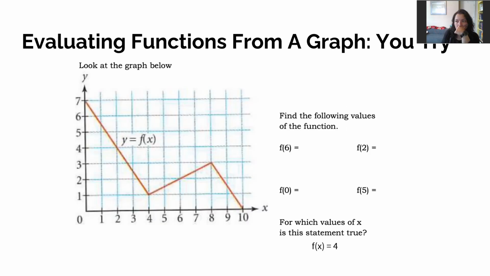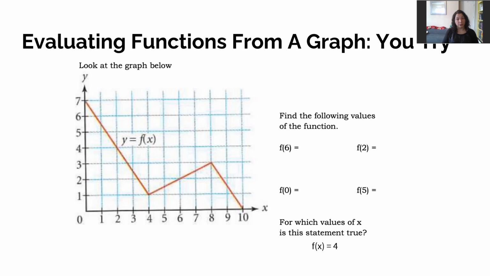All right, so last bit. Here is a graph, and I want you to find the following function notation. Sorry, I don't even know what's going on. All right, so the first problem that I gave you is f of 6. So my input is 6, and I want you to find what would be the output.